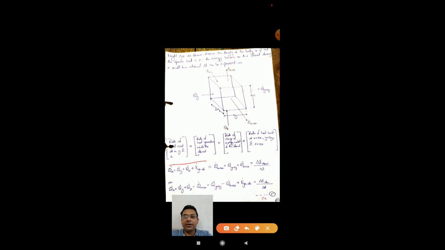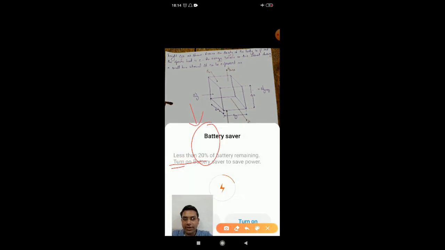Now here the heat is being conducted in all the three directions. Therefore, the rate of heat conduction at x y z and the rate of heat generation inside the element. Now see this one here, nothing is introduced, neither x nor y nor z, because heat generation is a volumetric phenomenon.